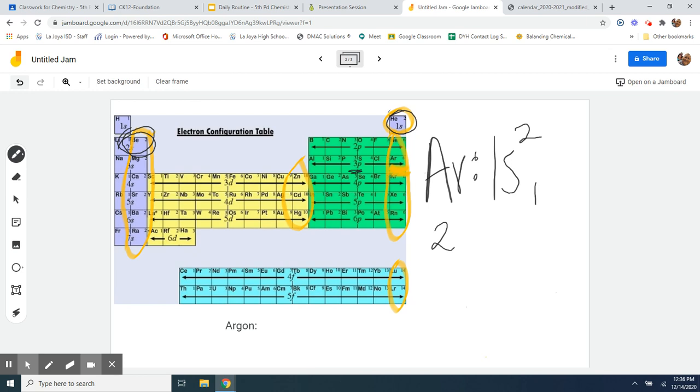The orbital in blue is the s orbital. What's the little number in the corner? 2. Okay, so that's what we write. What about the next one? We're still in energy level 2, but what orbital are we talking about? What do you see here? Help me out, guys. What orbital is green?